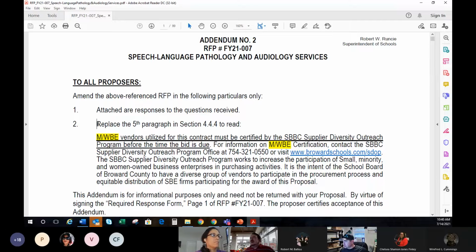And I like to highlight what the changes are, because by looking at this, if I didn't highlight, it would be very difficult to assume what we changed. So I like doing that so you're not fussing around on something that's going to take you a while to figure out, what did we change? So basically, this is one of the addendums. You can turn the page now.